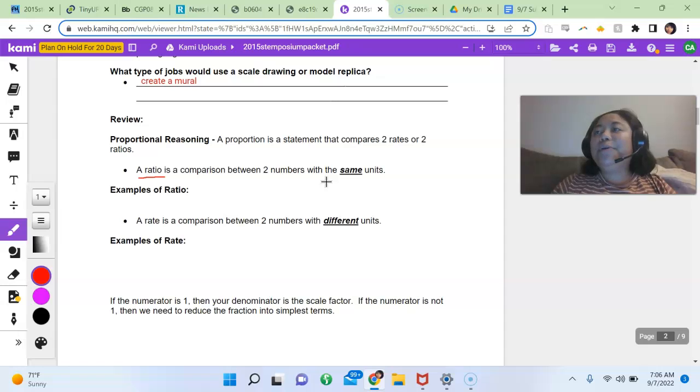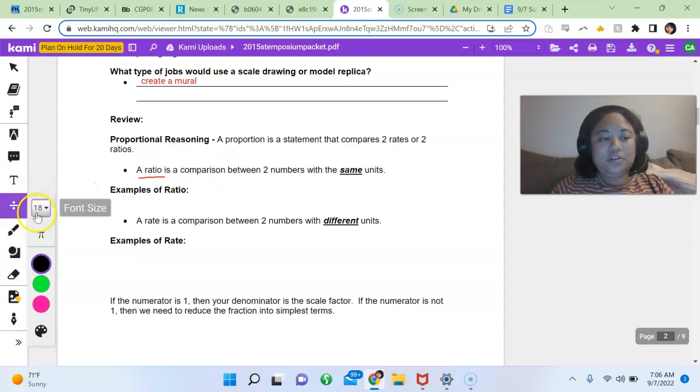So for example, if we are at the mall and I have 10 shirts and you have 3 shirts, then the ratio of our shirts is 10 to 3.